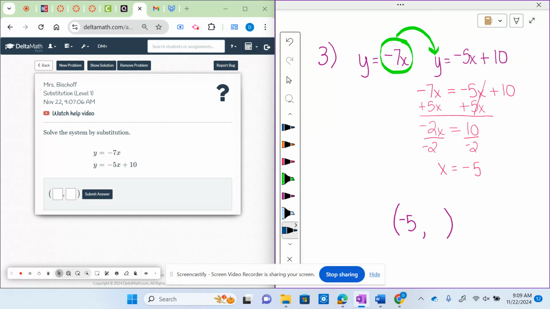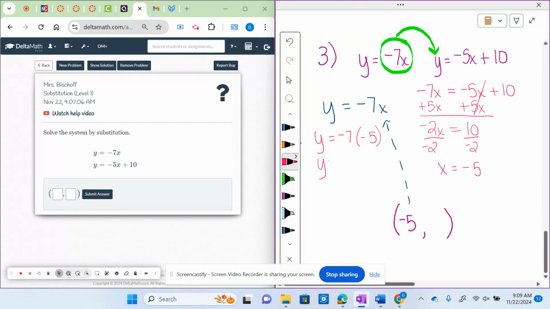Victoria, how do you want to find the y-coordinate? Plug in the x value. We're going to plug that x value in. So y equals -7 times -5.